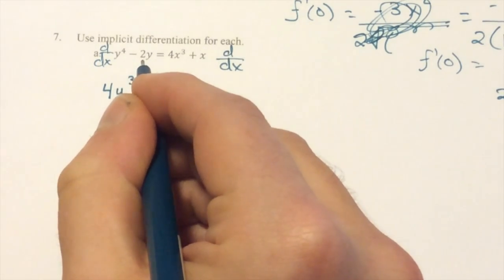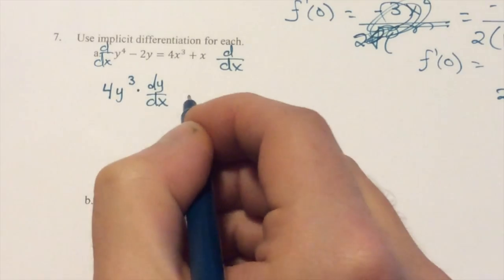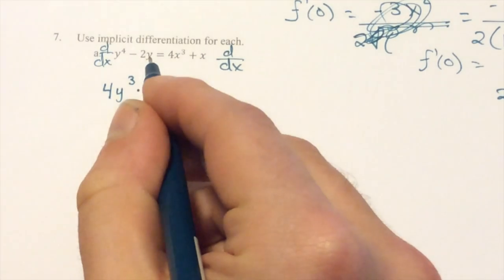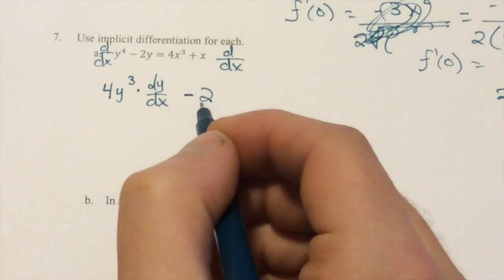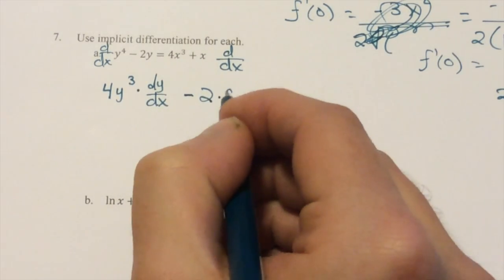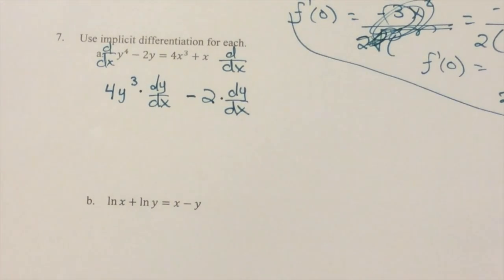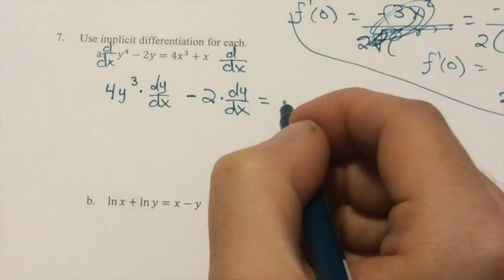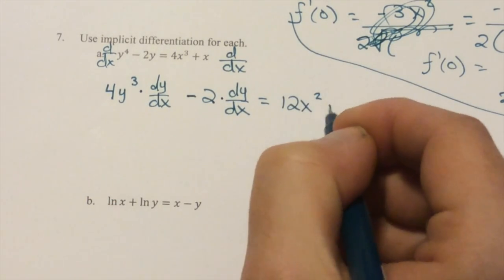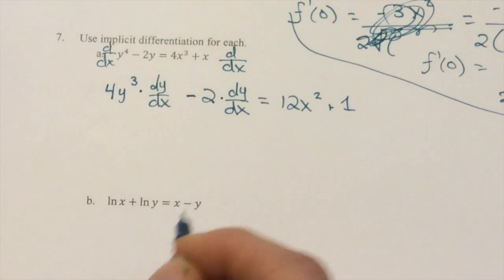What's the derivative of negative 2y? Well, it's negative 2, bring down the 1, so that y goes away, times y's derivative, dy dx, equals, well, derivative 4x cubed, 12x squared, derivative x, 1.